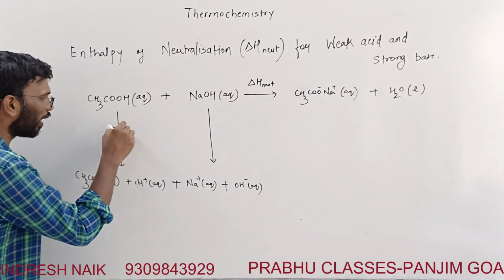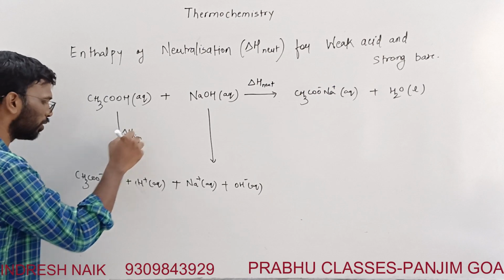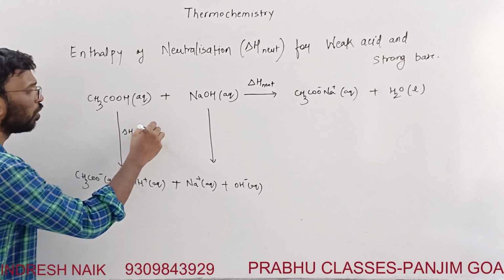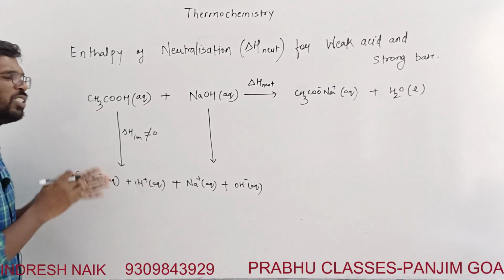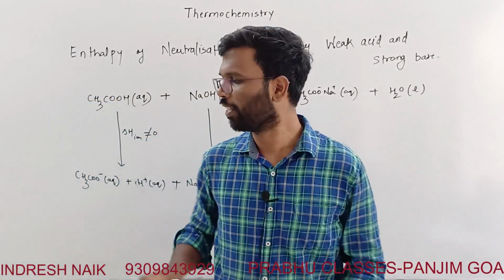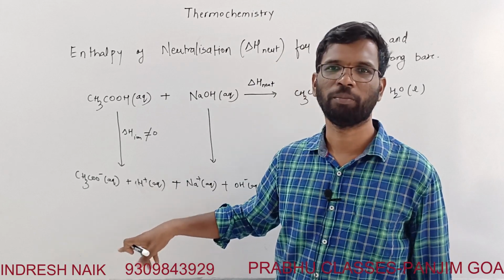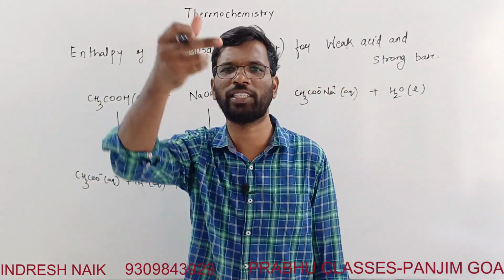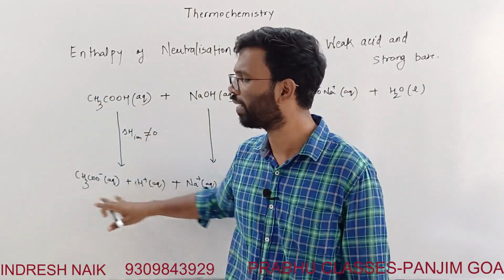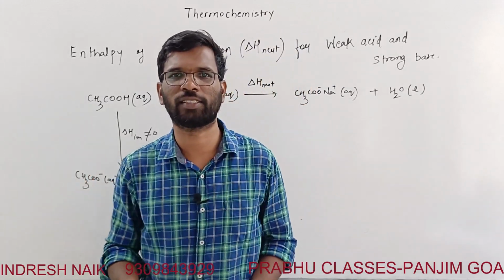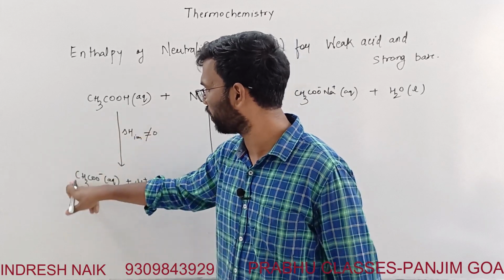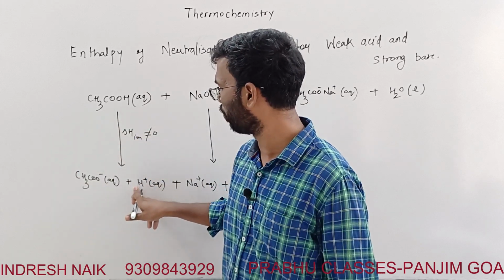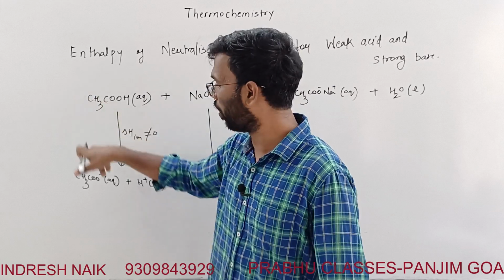So over here this is the enthalpy of ionization, which is not equal to 0. Understand, this enthalpy is not equal to 0 because this is a weak acid and weak acids don't split fully. Means they split, like I said, out of 100 just 5 or 4 will split, remaining 95 will remain as it is, right? So to completely convert this, you see this is also 1 mole and this is also 1 mole, means complete ionization.